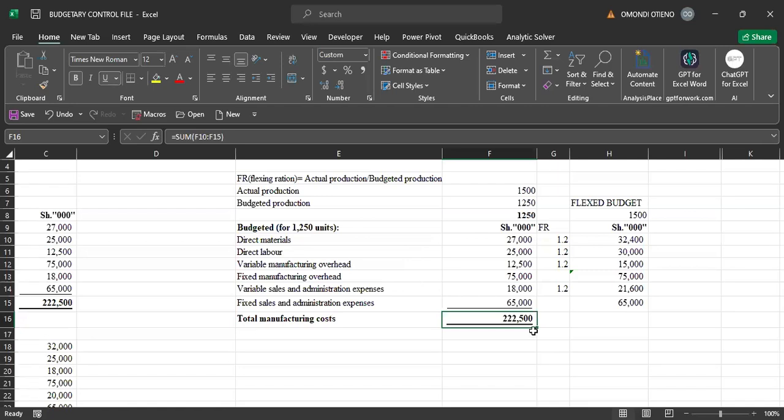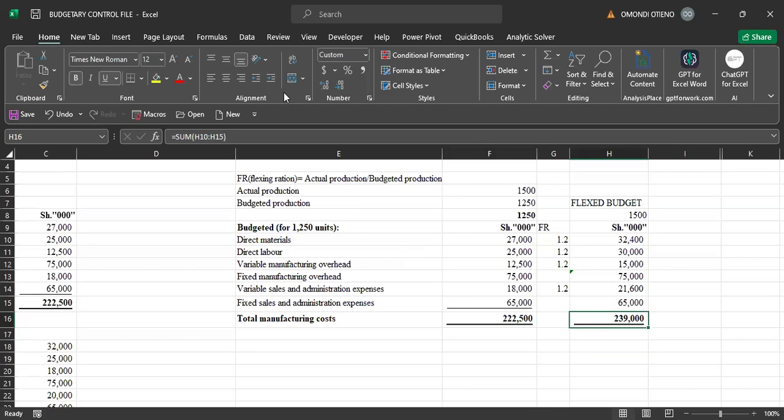So the total manufacturing cost is equivalent to the summation of all these expenses. So let's add everything here in this particular column. When you add everything, what are you getting? Are you getting 239,000 from your side?